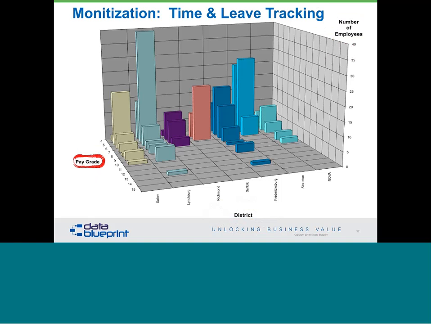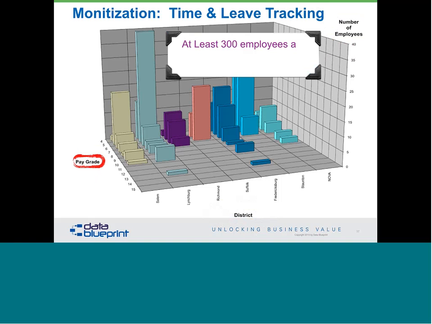But that was not the rationale for this. We were able to say, at the end of this phase of the analysis, that there were at least 300 employees spending, let's just say, 15 minutes per week tracking time and leave for this organization. Great, okay, let's see what we can do with it.